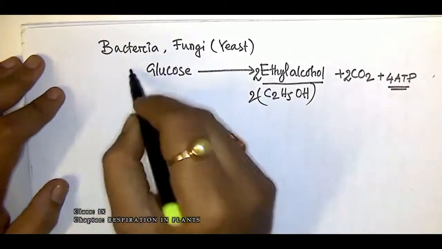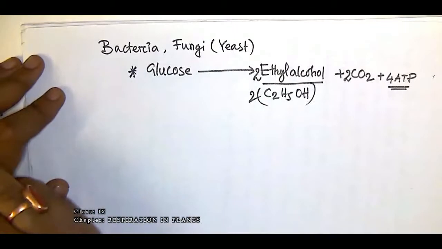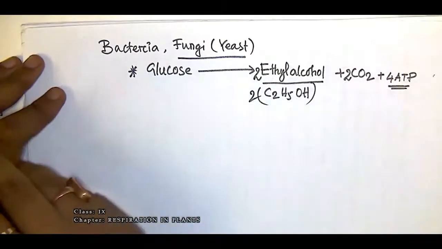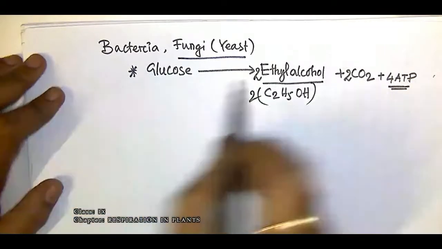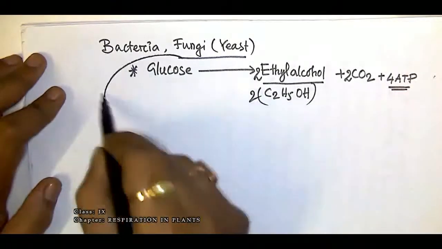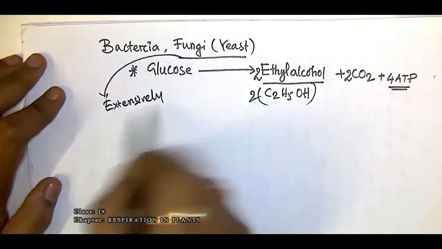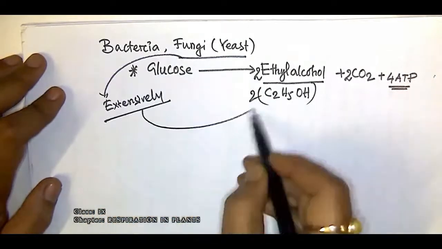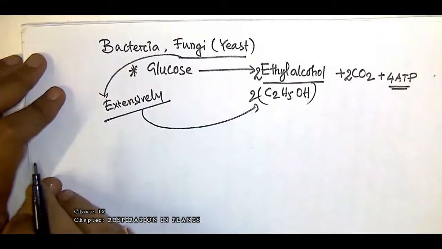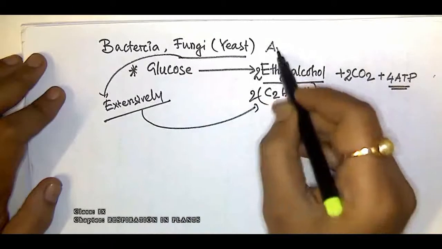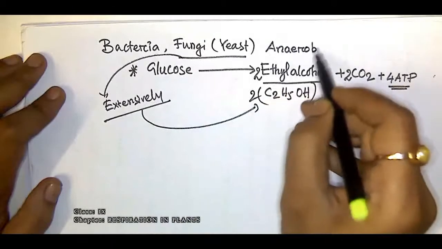Now I have been telling you this is very interesting. Why is this interesting, sir? This yeast, this gentleman, is extensively used, you will study, we have a chapter, extensively used in the production of alcohol by virtue of its capability to perform anaerobic respiration.